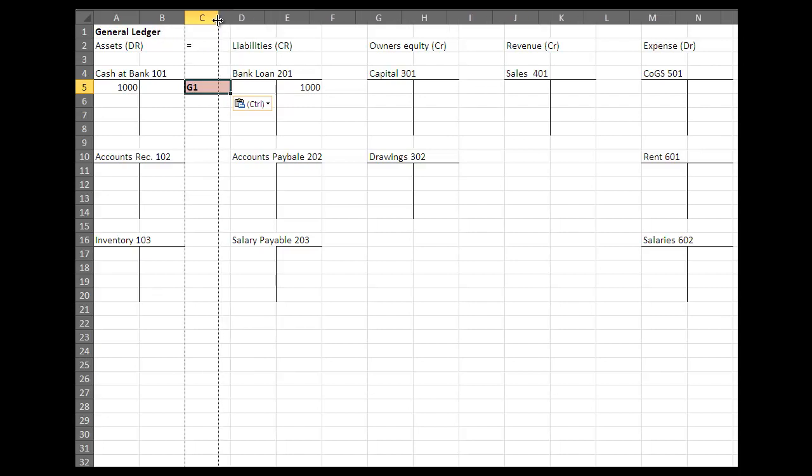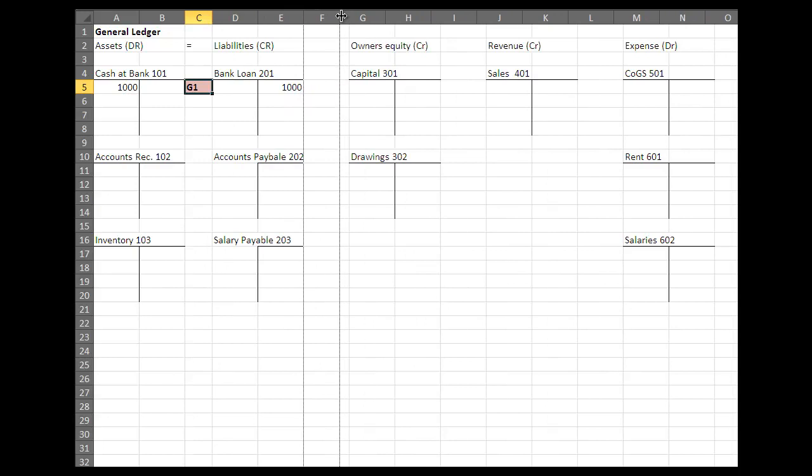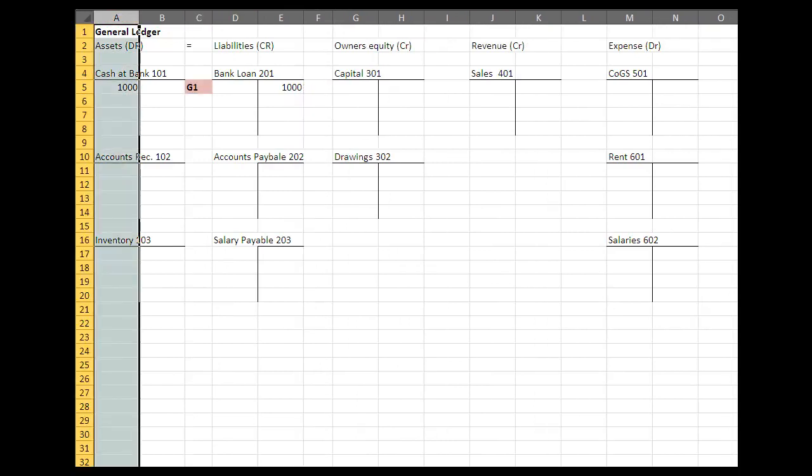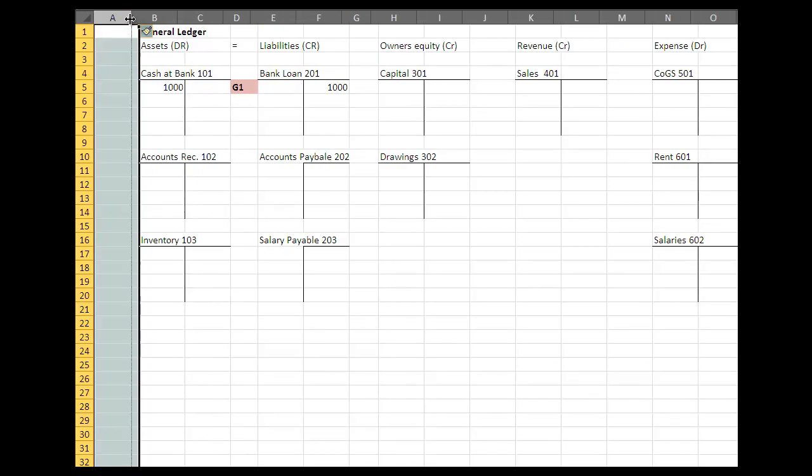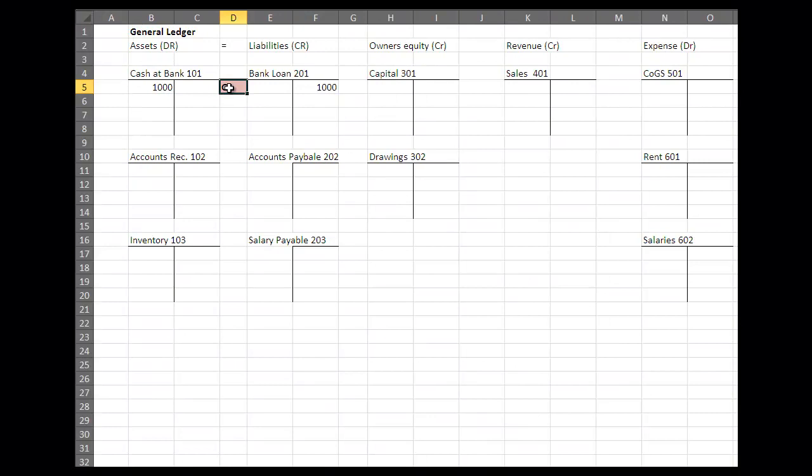Let me make this a bit thinner, and I'll put a row in here, make that G1.